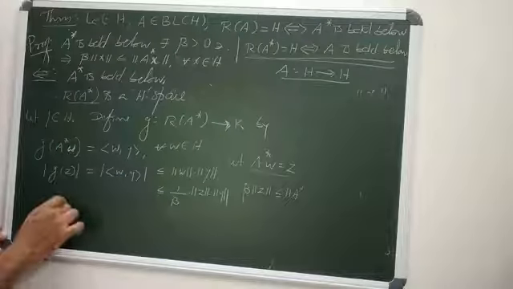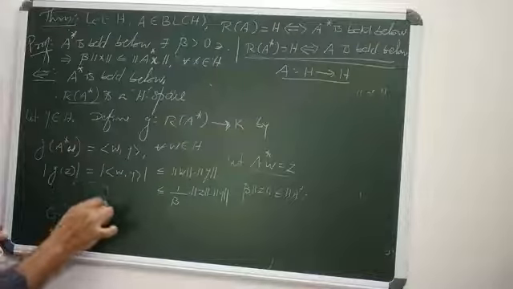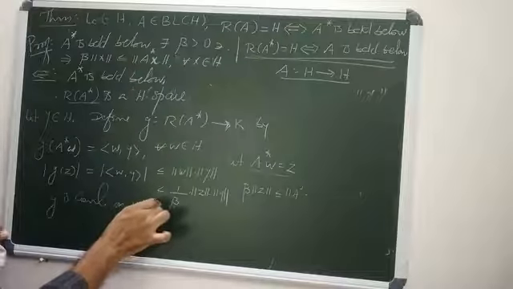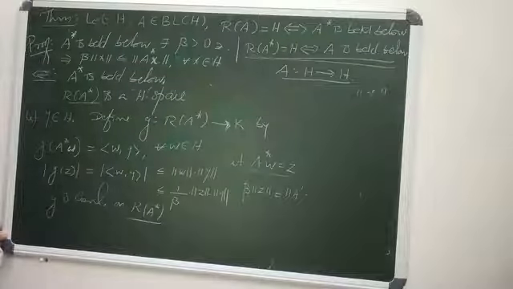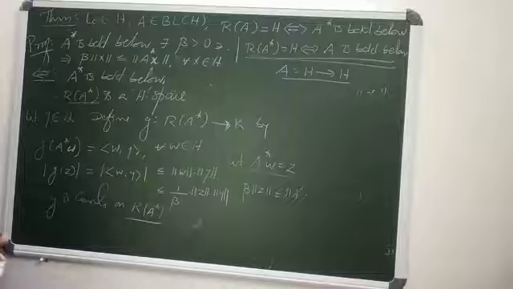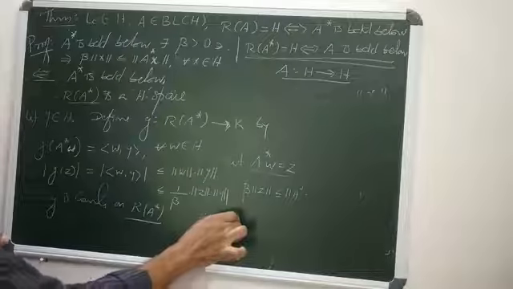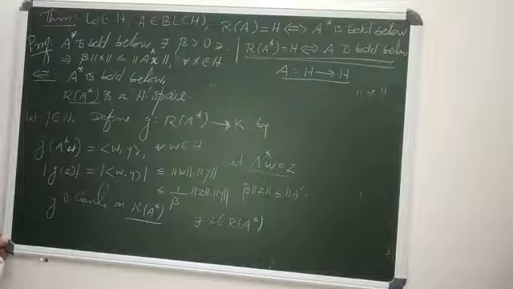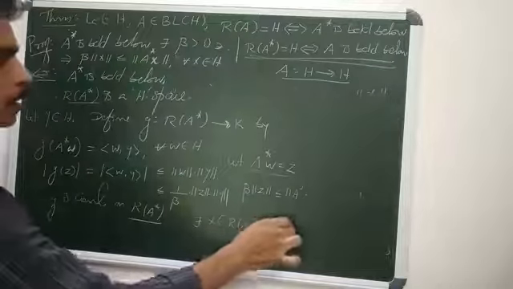g is bounded, hence g is continuous. g is continuous on the range of A*. By the Riesz representation theorem on the range of A*, there exists an x in the range of A* such that g(z) equals inner product <z, x> for all z in the range of A*.